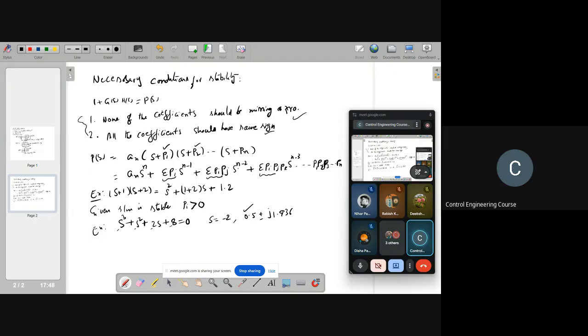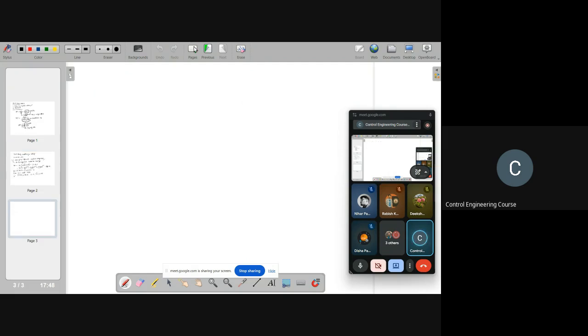Finding the sufficient conditions using the RH criterion involves two steps actually.